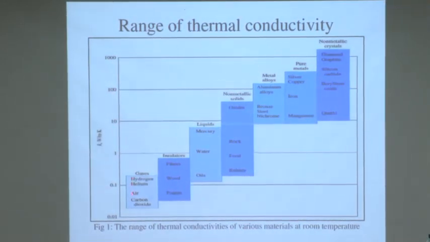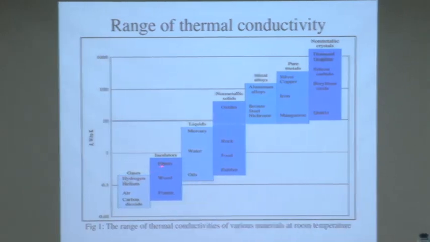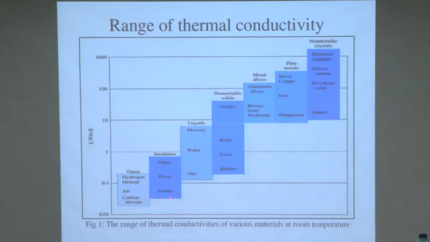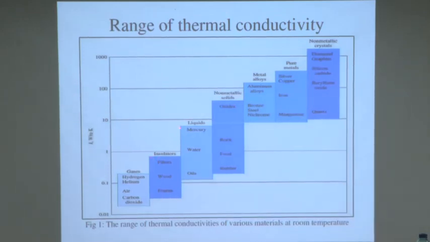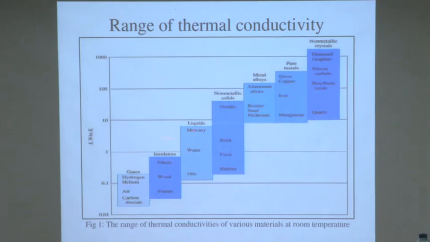And you see hydrogen, helium, air, carbon dioxide, the gases, they are within the range 0.1 to 0.05, a little bit 0.6. Then come the insulators, fibers, wood, then foam. Then come the liquids, mercury, water, oils, in the range of 6, 7, 8, that is between 1 to 10, and for some oils a little bit of 1.